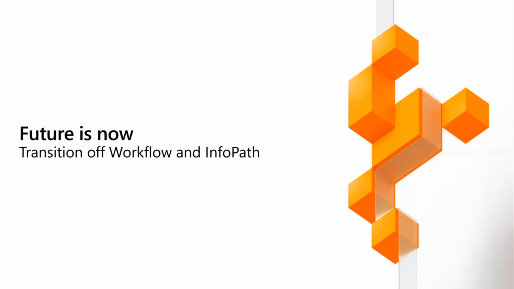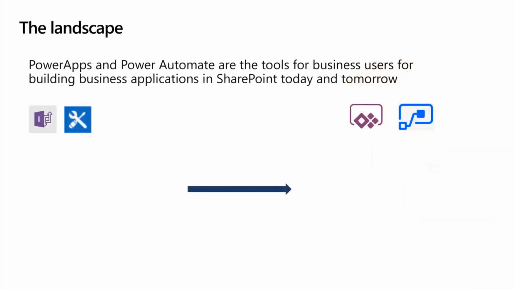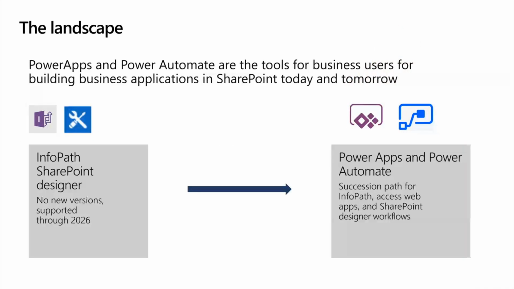So if you're working with the customer and understanding when is the time for me to move, it is now. We are working with customers to look at how they're using InfoPath, how they're using workflows in SharePoint Designer, and really looking at how we transition them to Power Apps and Power Automate.